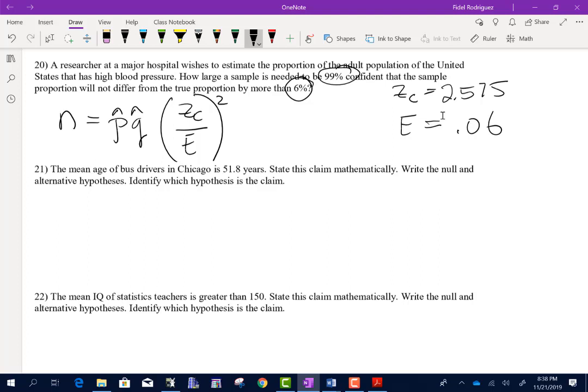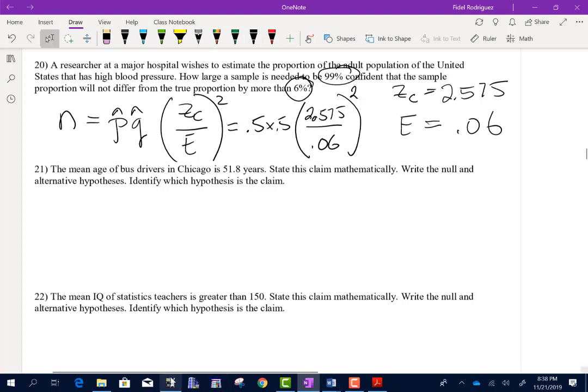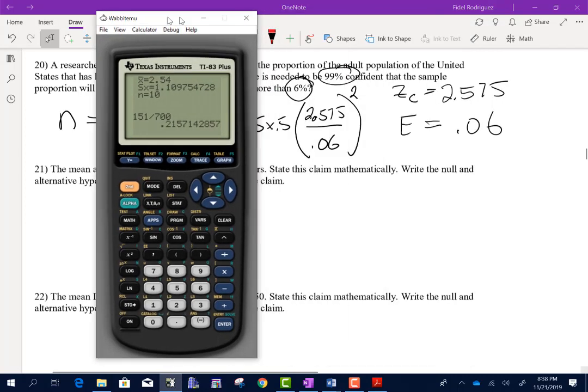0.5 as well, right? So all I'm going to do here, guys, is go 0.5 times 0.5 times 2.575 over 0.06, squared. What I'd probably do is work on the inside of the parentheses first.